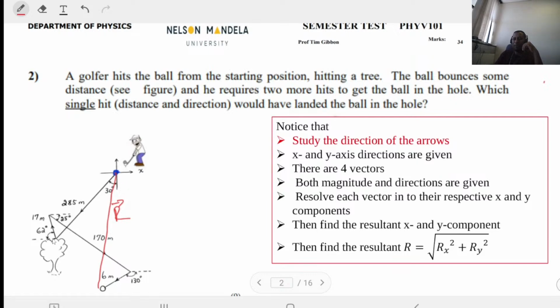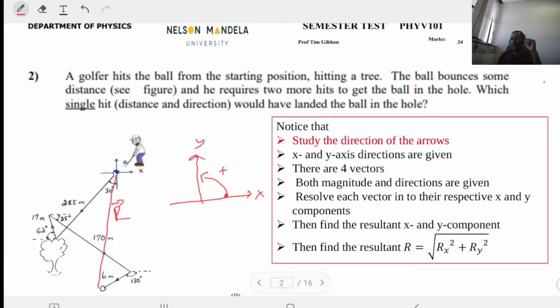Let's take the very first vector. Before I go there, remember the angle. I have to specify this one. How do we measure an angle? If this is an x, y coordinate, I hope you know about it by now. The angle is always measured from the x-axis, going that way is positive.